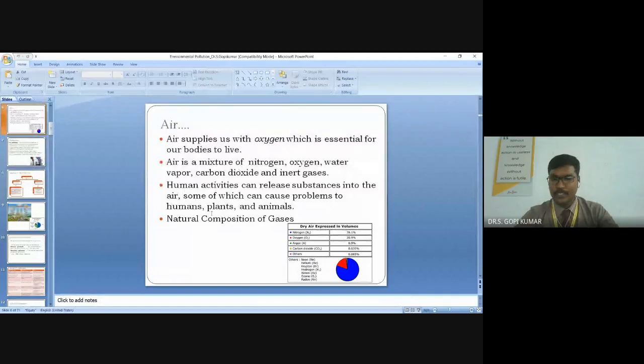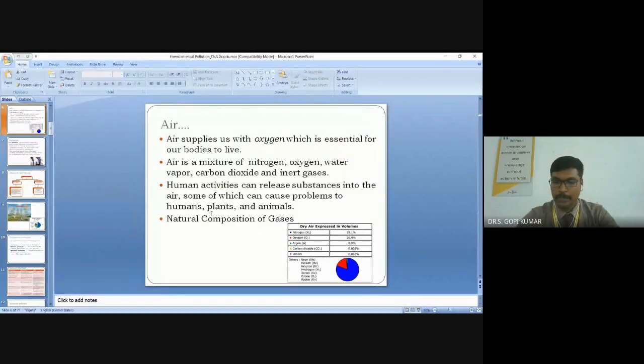Now in this slide we can see the composition of dry air by volume: nitrogen 78%, oxygen 20.9%, and carbon dioxide 0.035%, and the rest of the gases are highlighted.